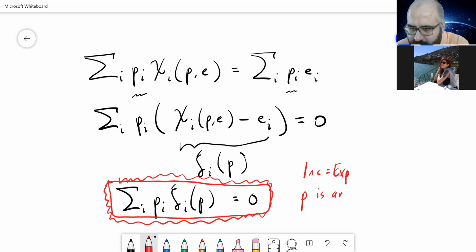P is any price vector. So this result does not require P to be the equilibrium price. As long as people spend all of their income, this result prevails.